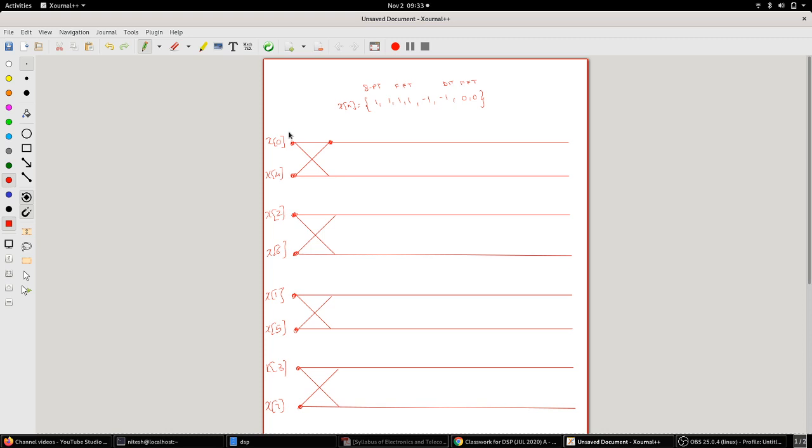So where this value is, this is 0, 1, 2, 3, 4, 5, 6, 7, right? So this is 1, this value is minus 1, this is 1, this is 0, this is 1, this is minus 1, this is 1, this is 0.